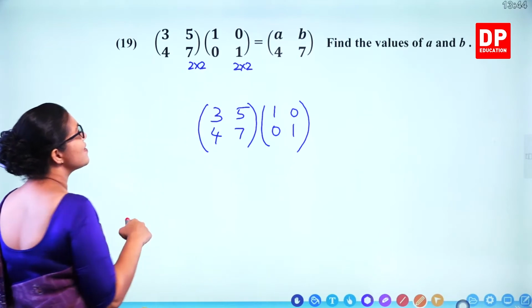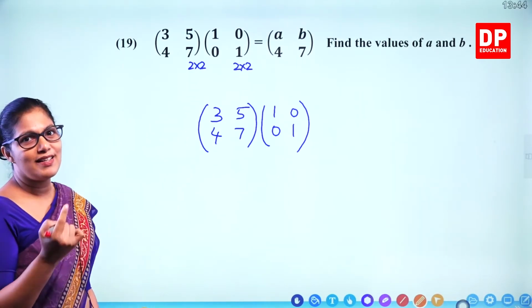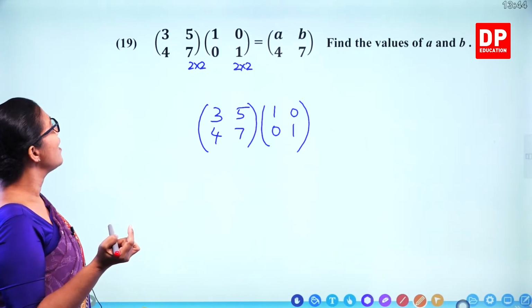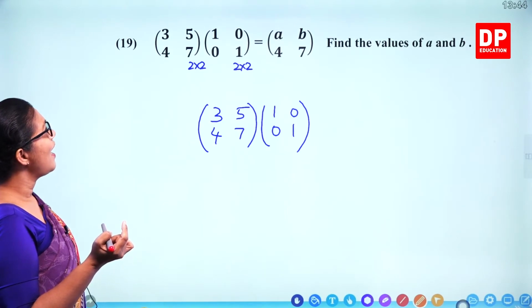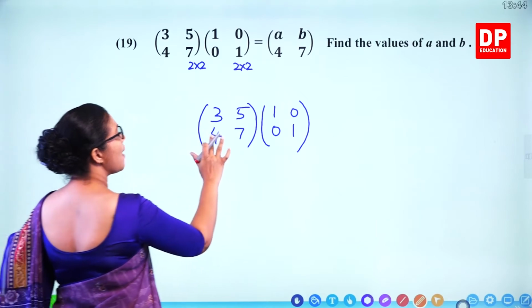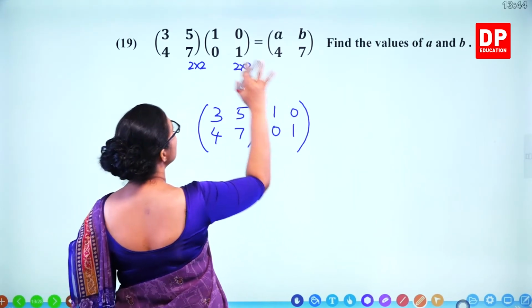What is this one? This is an identity matrix. You can easily write down the answer. So A should be 3 and B should be 5. Why? When you multiply the same matrix with the identity matrix, you get the same matrix.